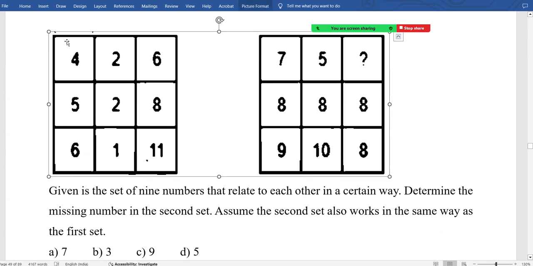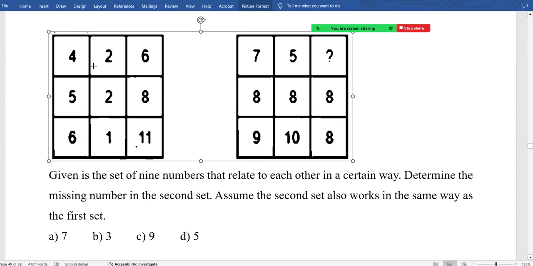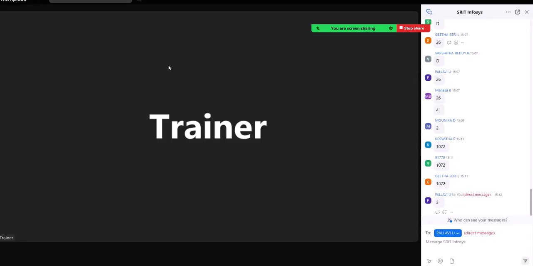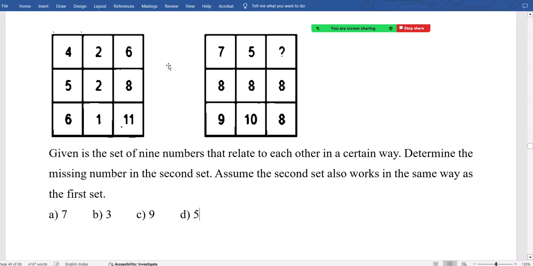What about that question mark? Missing term. I think this is also there in that PDF which I shared.